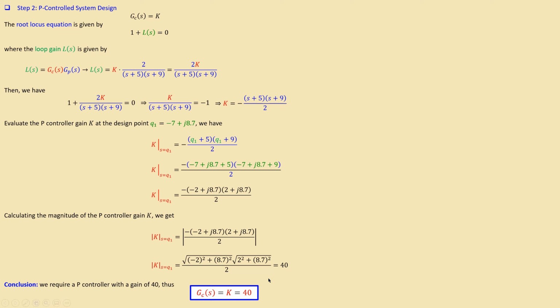So the position error of our P controlled system, which is now designated as E sub P comma pro, where pro is the proportional controller. If I look at the expression for that one, it means the following.